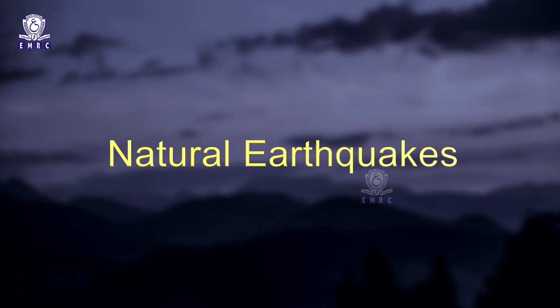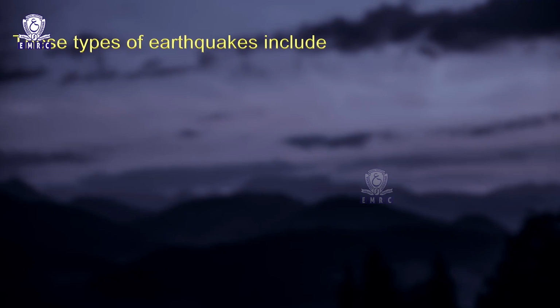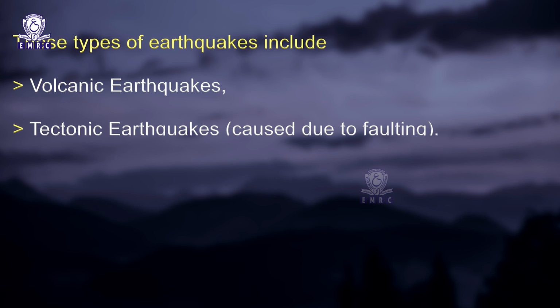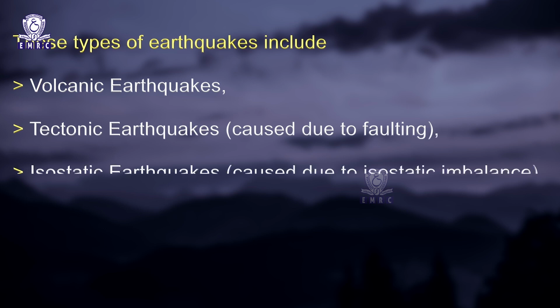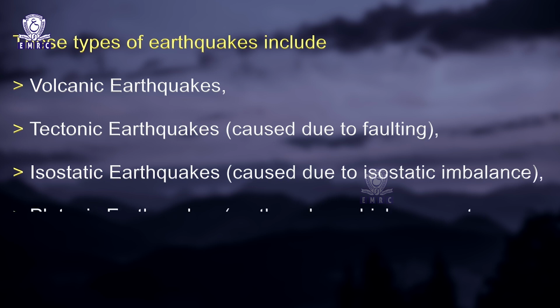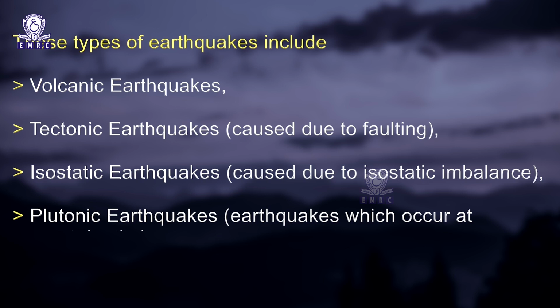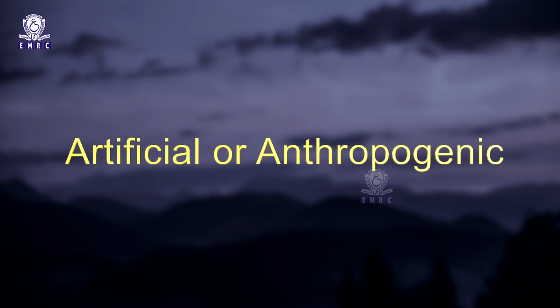Natural earthquakes are those caused by natural processes, that is, due to endogenetic forces. These include volcanic earthquakes; tectonic earthquakes, caused due to faulting; isostatic earthquakes, caused due to isostatic imbalance; and plutonic earthquakes, which occur at great depths.